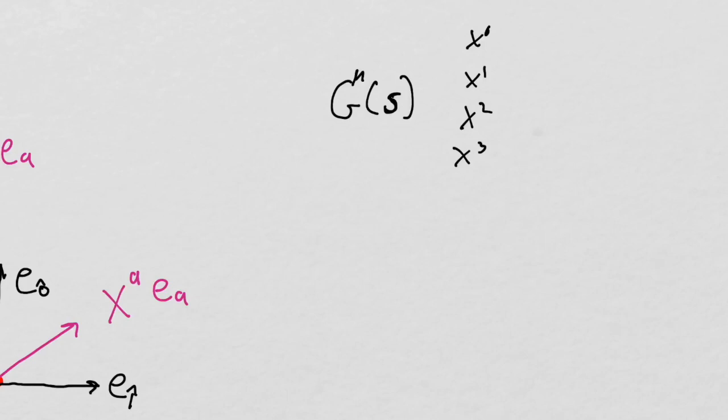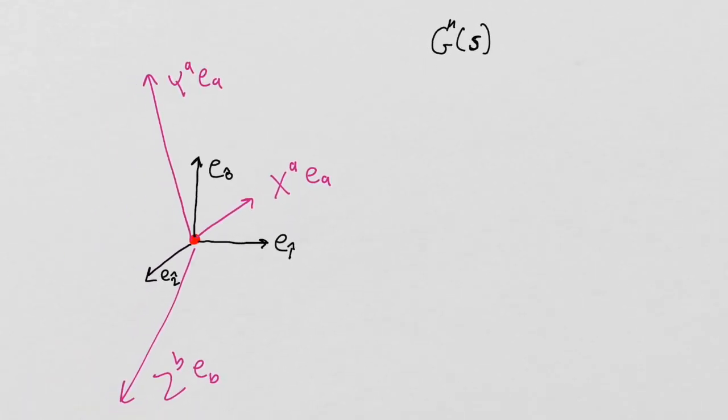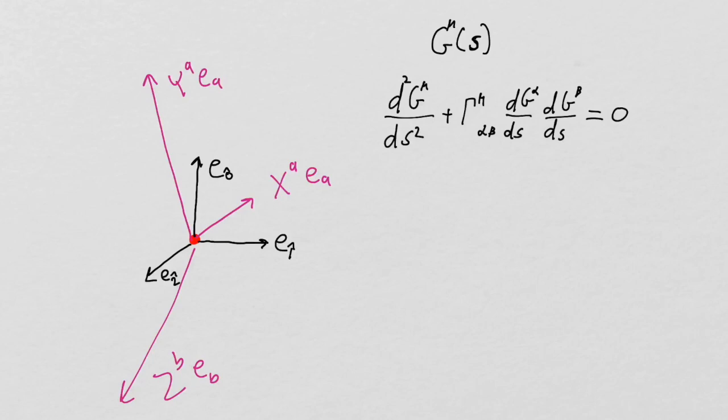That's just a little reminder on how this works. Such a curve has to satisfy the geodesic equation. And as a reminder, this is the geodesic equation. By definition, this curve will satisfy this equation.